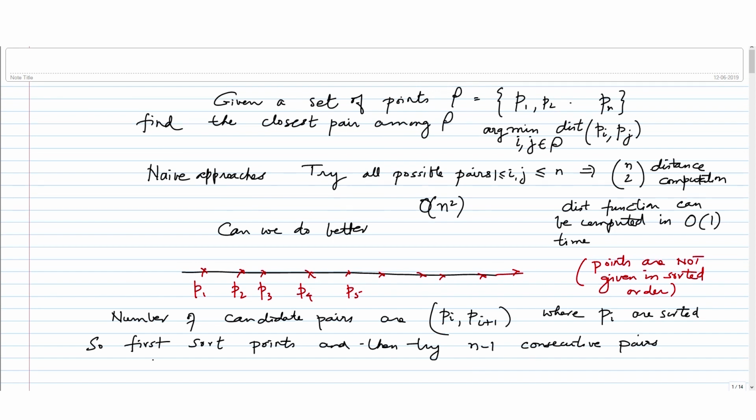So the time complexity is dominated by sorting, whatever it is. So certainly you can do it in n log n time. You can see that from the n squared naive algorithm, we could make a leap to the n log n bound.